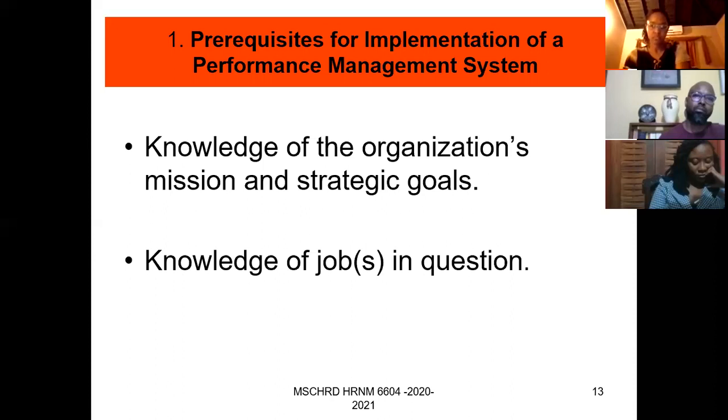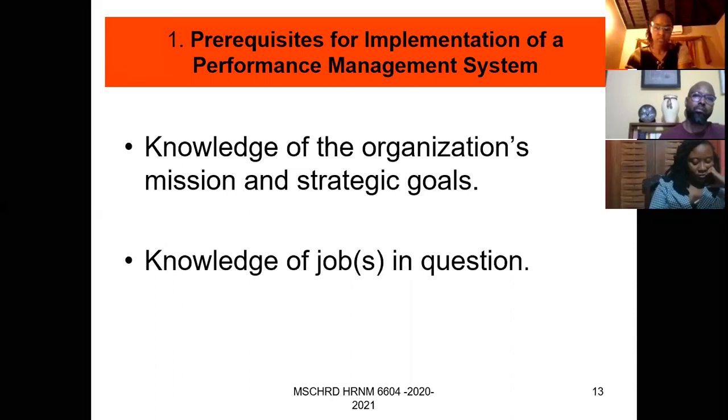Now, sometimes you walk into a building and you see a nice statement on the wall that says our mission. And you see they say the mission is to serve their customers, to offer high quality customer service, to be honest, and so on. And in some cases, you'll also see the vision statement. It is also important that if there's a vision statement, you ask the company, what is its vision?